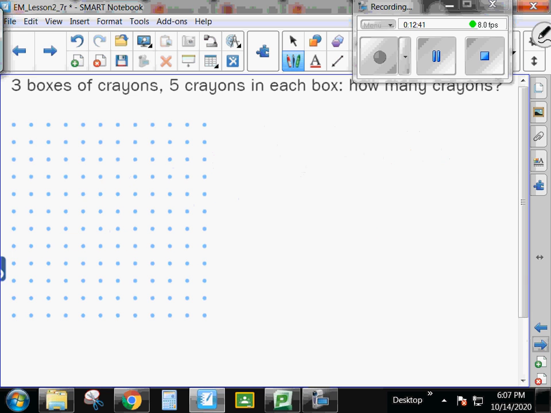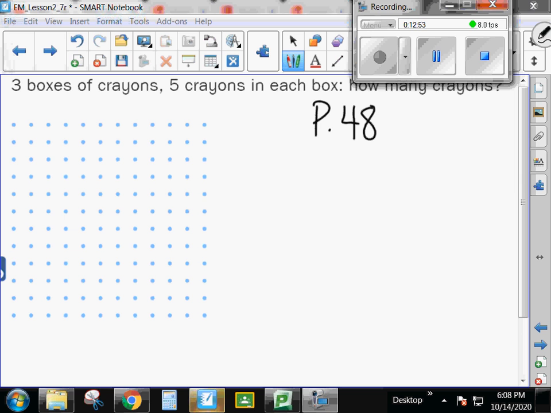All right, so now here's what I want you to do. I want you to turn to page 48 in your workbook. On page 48, there's a place with some dots for us to draw some arrays. I'm going to give you some problems, and I want you to draw them out on this dot paper.